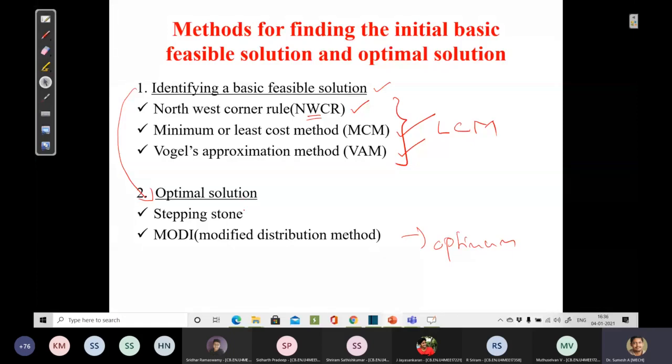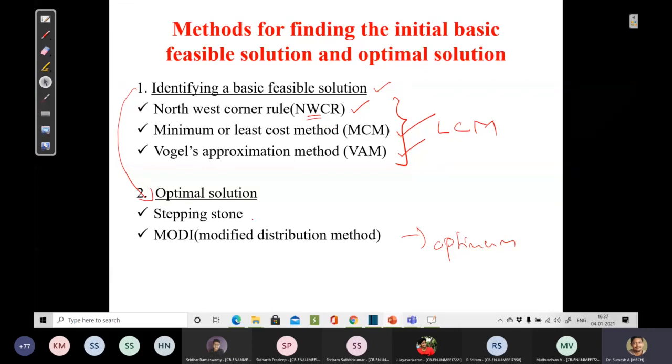I can't guarantee you that always. Sometimes even with VAM you have to go through multiple iterations in the second part. But compared to the northwest corner rule result, VAM will give you a better basic feasible solution, so that your job in the second part will be minimum.